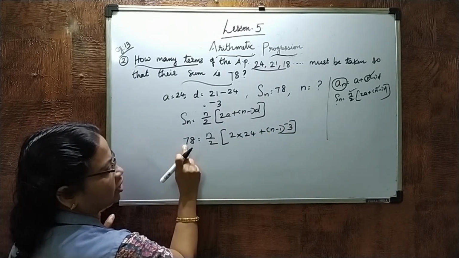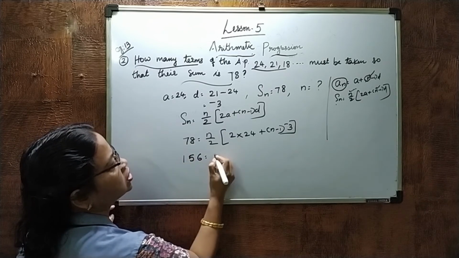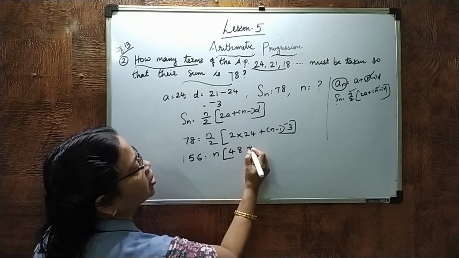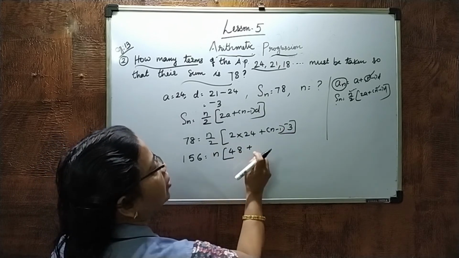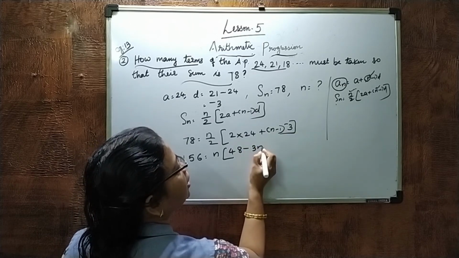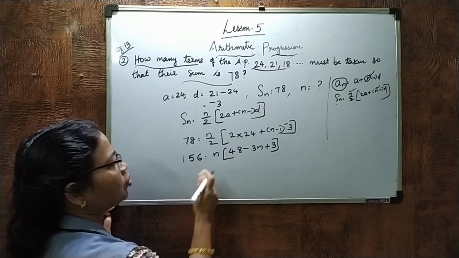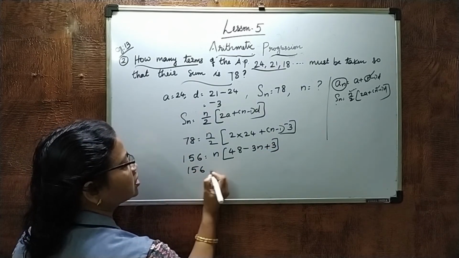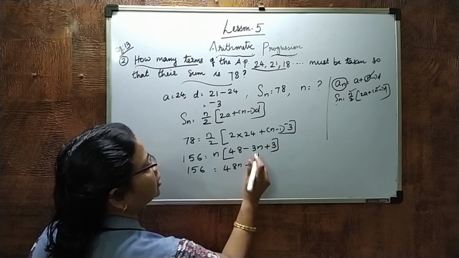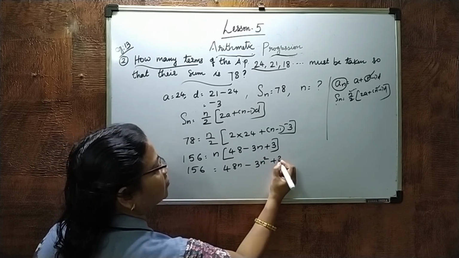Then this 2 we take to this side, so 156 equals n into 2 into 24, 48, plus, removing the bracket, negative 3 into n, negative 3n, and negative 1 into negative 3 is plus 3. Again remove the bracket here: 156 is equal to 48n minus 3n into n, it is 3n square, plus 3n.